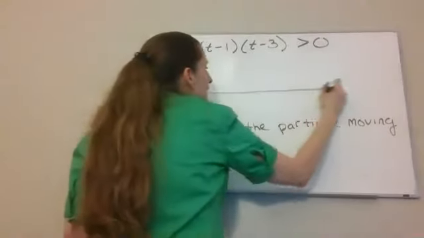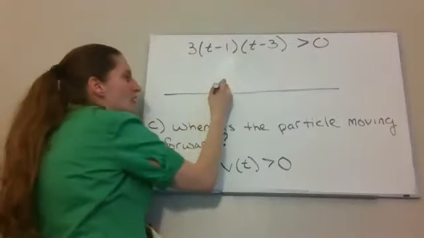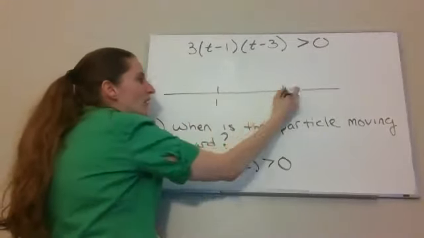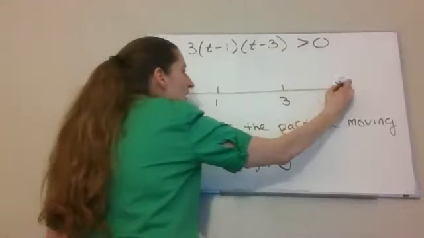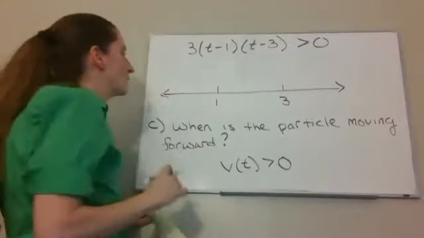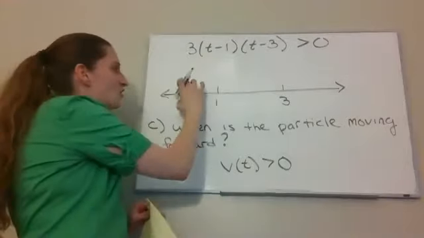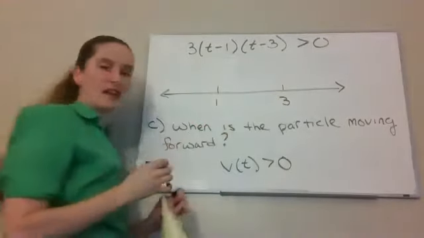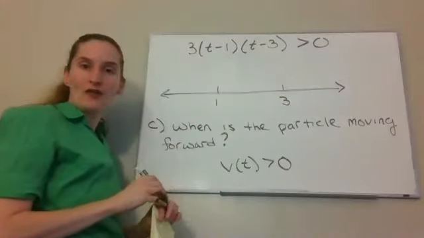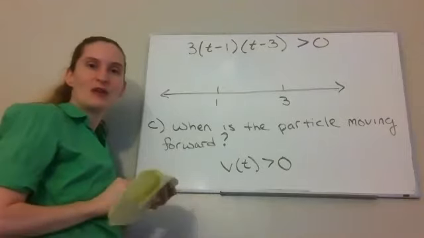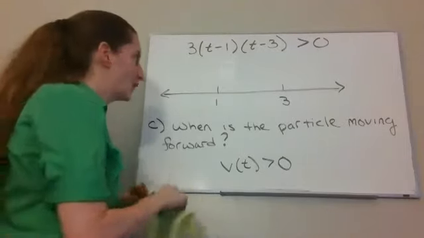The way I like to solve these is I put the two places where it's equal to 0 on a number line. And I just check in each of these 3 sections, I check some value in my velocity function to see if it's going to be positive or negative.